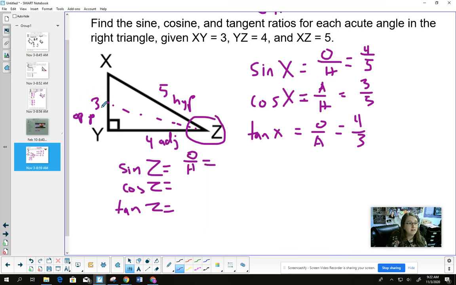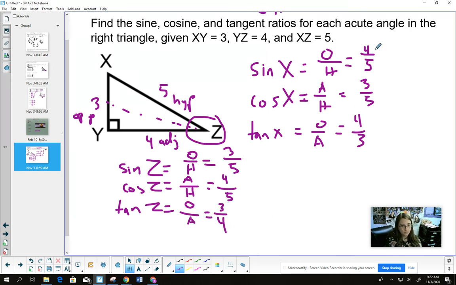We have 3 is the opposite now, over 5 is the hypotenuse. Cosine, that's CAH from SOH CAH TOA. We've got the adjacent over the hypotenuse. The adjacent is now 4. Hypotenuse is still 5. And lastly, tangent is opposite over adjacent, O over A. This is now 3 over 4.